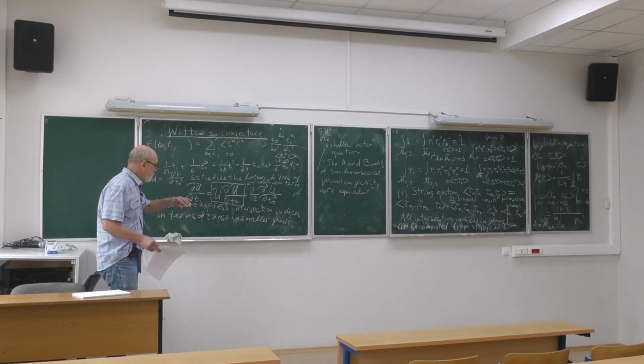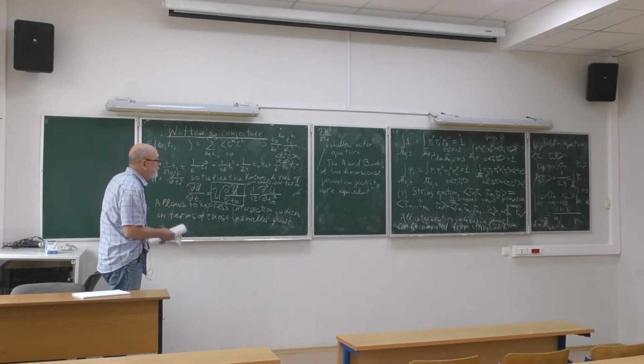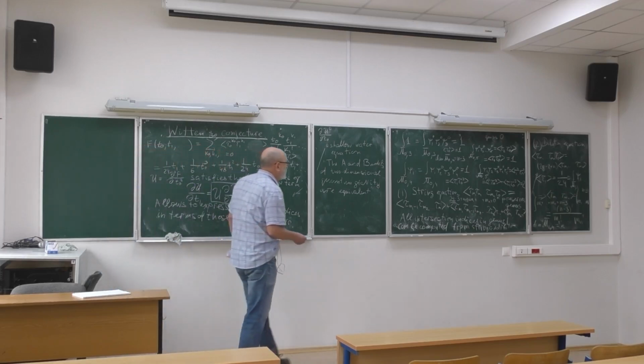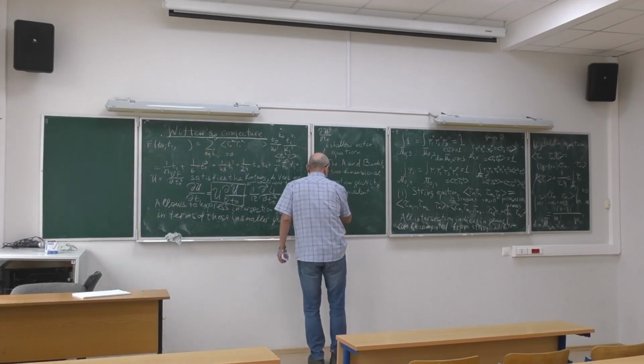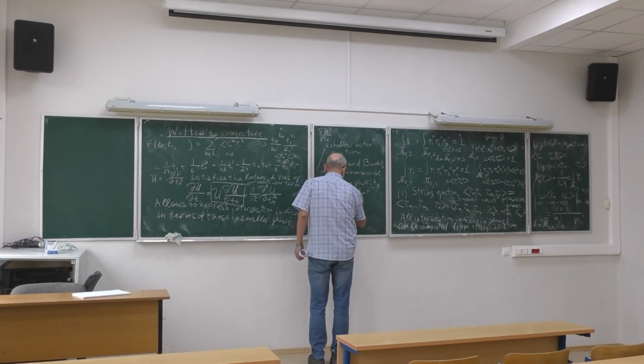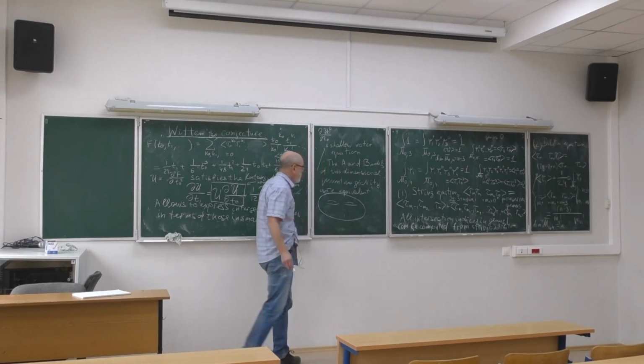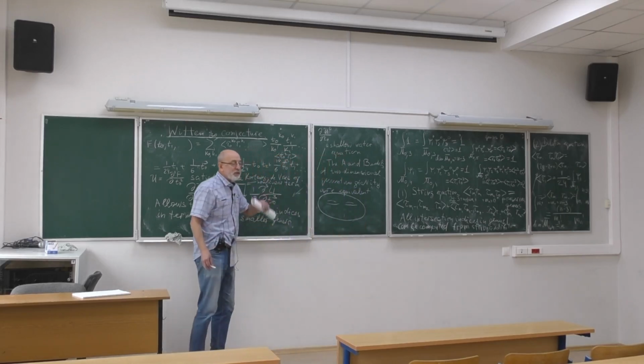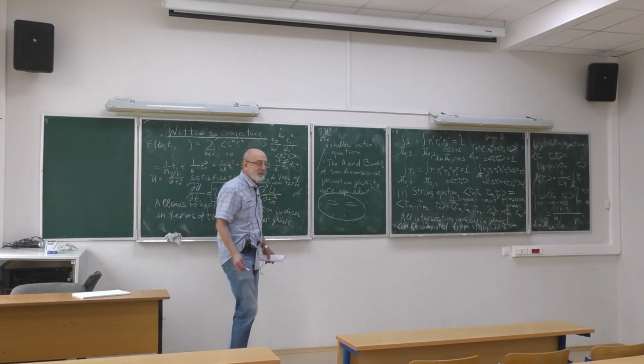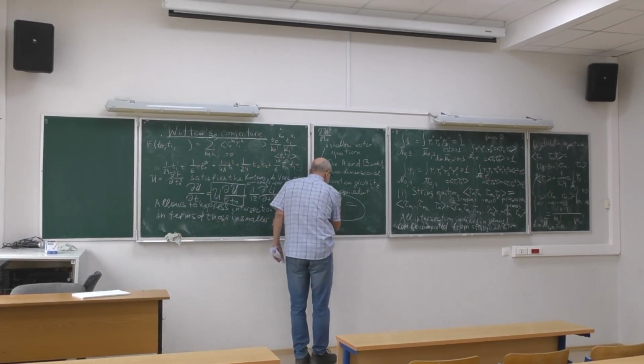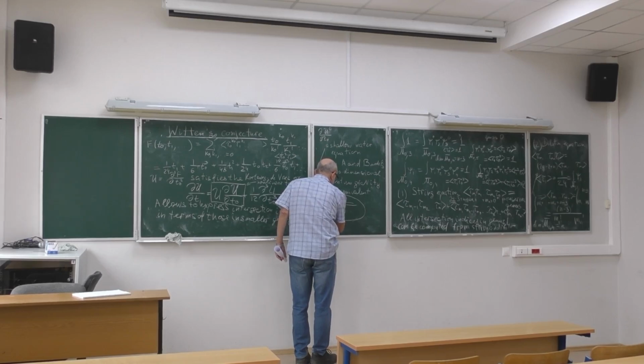Let me say just a couple of words about the A model. In the A model, a two-dimensional hyperbolic surface is obtained by gluing small regular triangles.